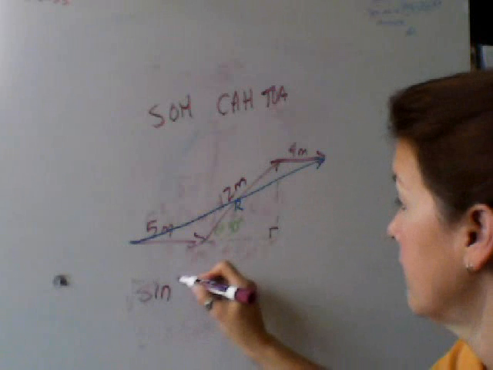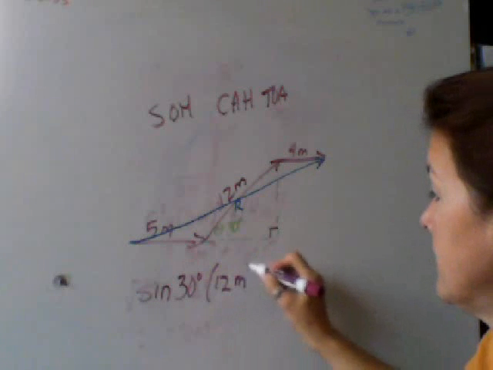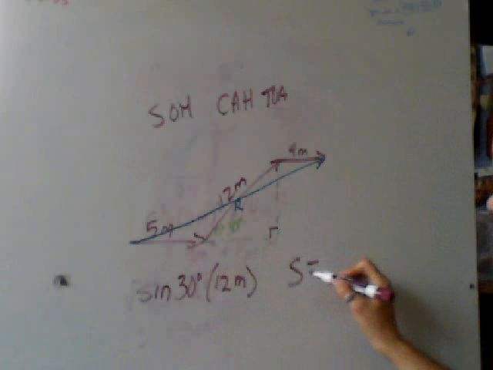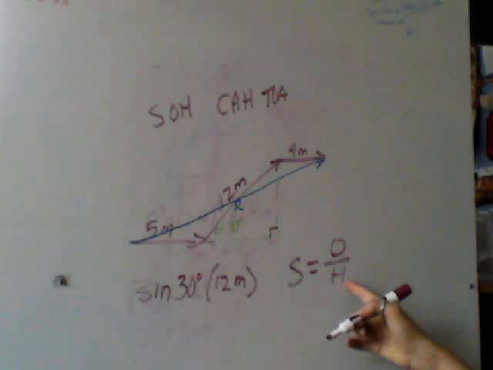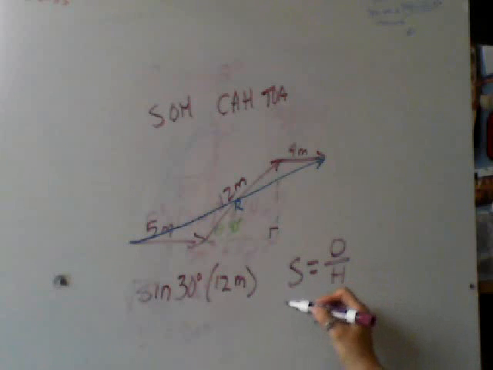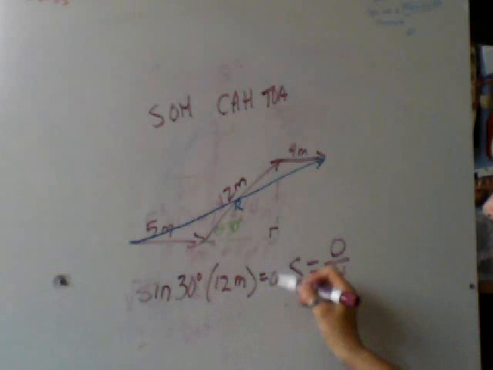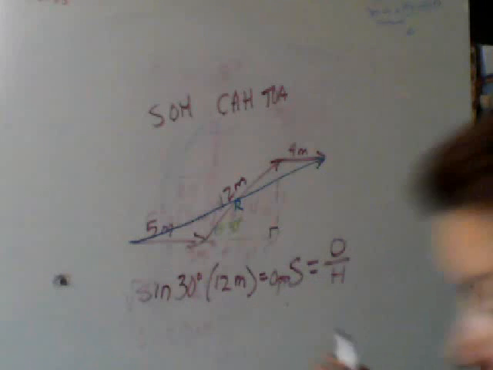So in our calculator, we put the sine of 30 degrees times our hypotenuse. So we remember that sine equals opposite over hypotenuse. Since we have our hypotenuse, we can say that the sine of that times the hypotenuse will equal the opposite side, just rearranging our equation algebraically.